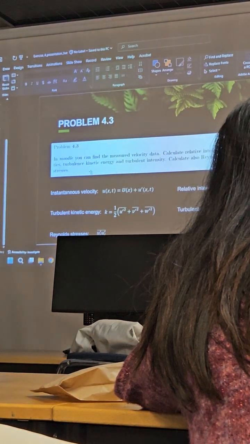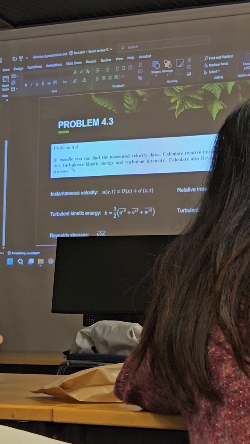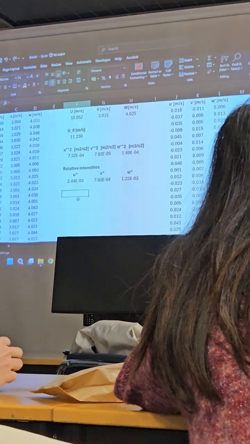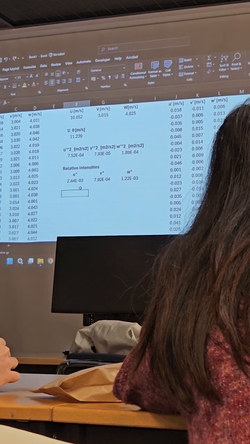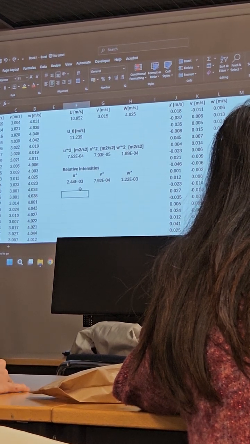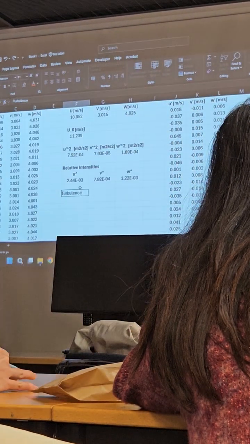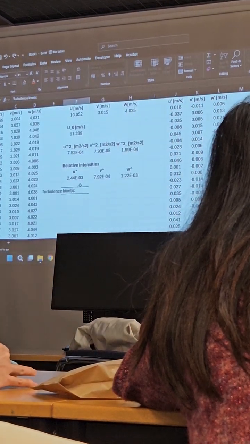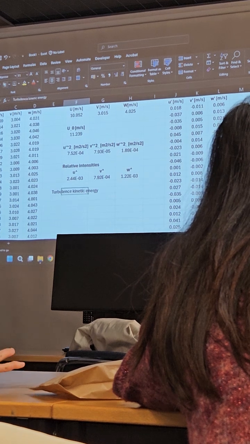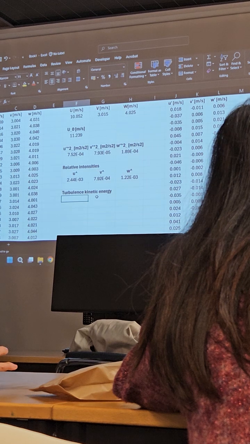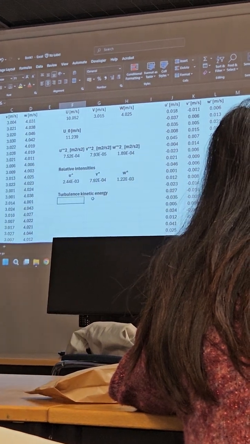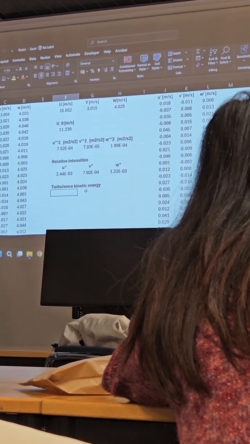So the next quantity that we need to calculate is the turbulence kinetic energy, which is given in this equation. We need to use U prime square, V prime square, and W prime square that we already have calculated.